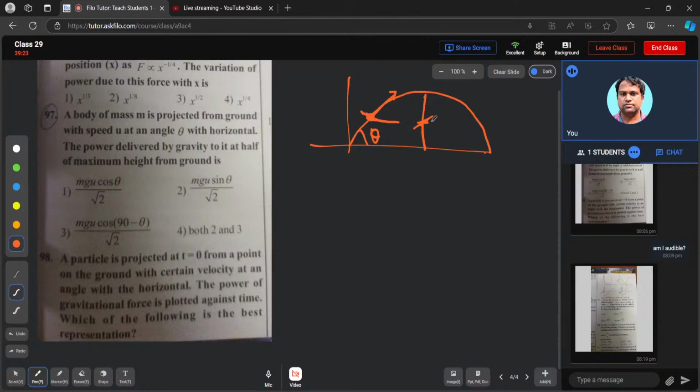Here you will get a point, and also here you will get a point. Two points you will be getting. Let's say A and B. Power formula, you know that. F dot v.